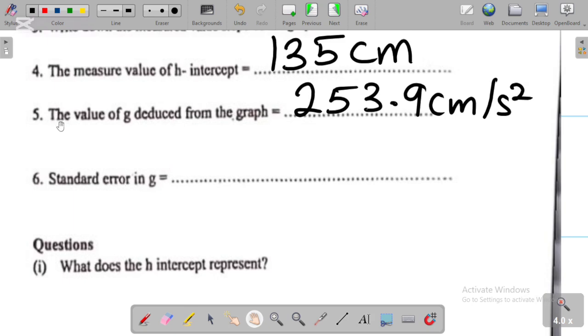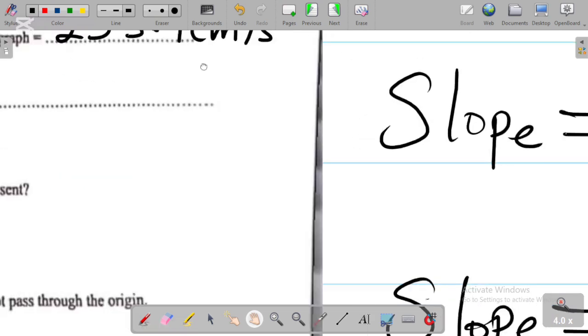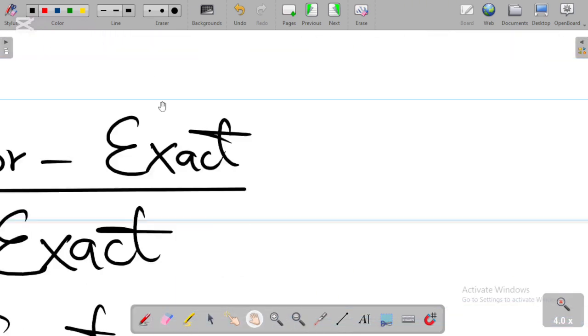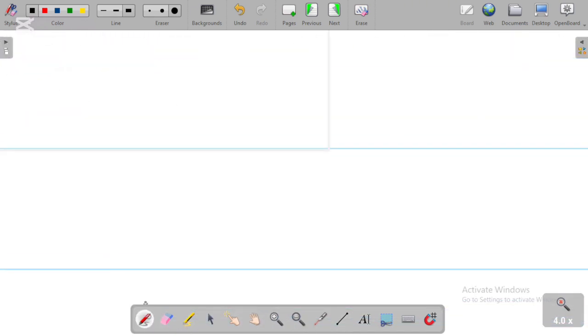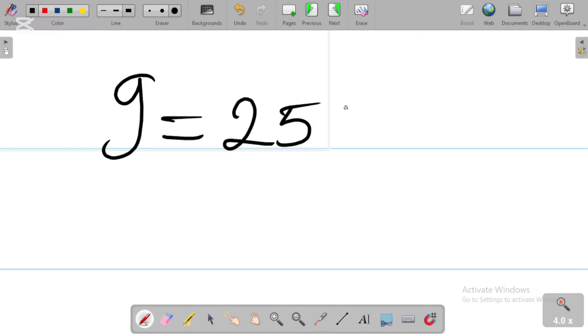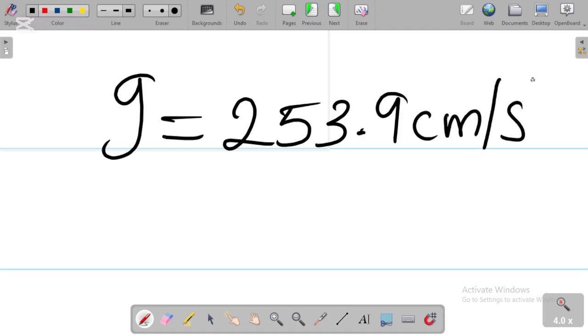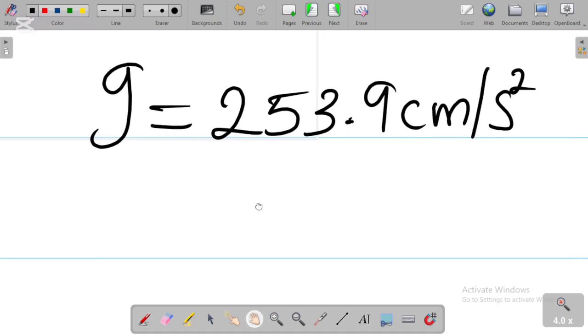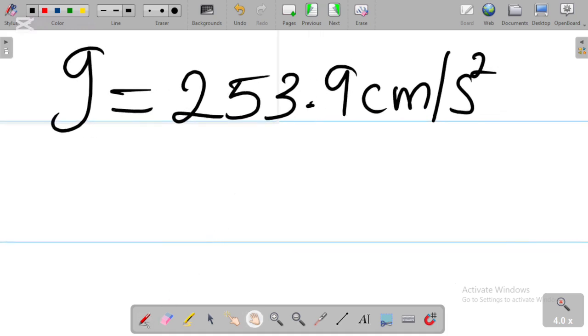All right, let's confirm the value of G. Number 5, the value of G is 253.9. G is equal to 253.9 centimeter per second square. Remember, what's G called?